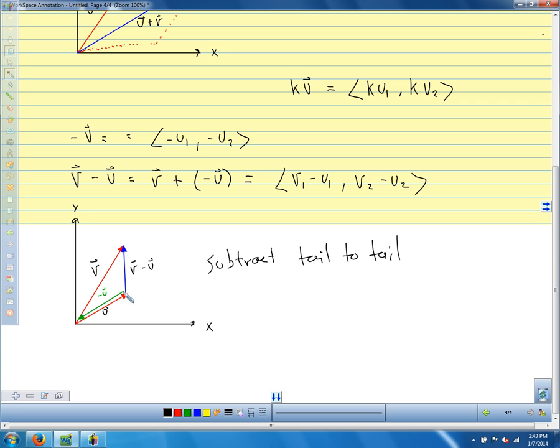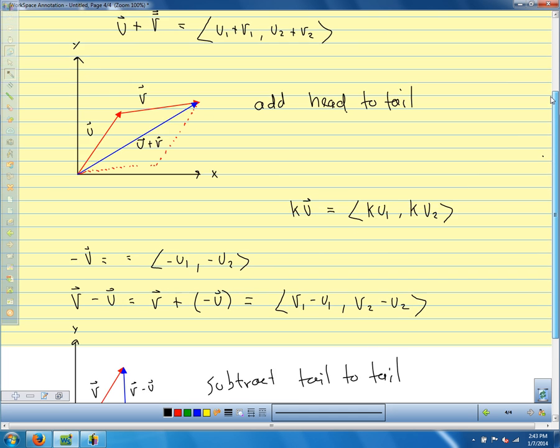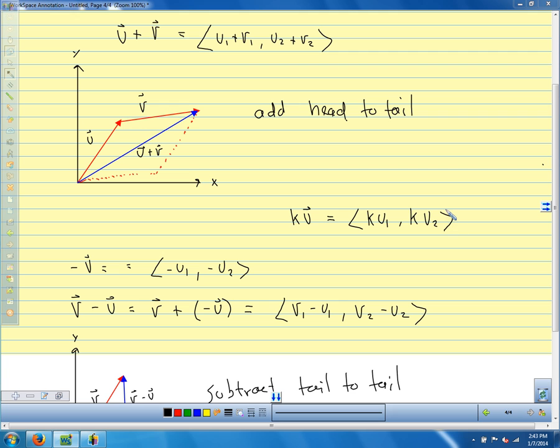So our vector goes from the starting point to the ending point. That's how I always think about them. But really, for the most part, all we're going to be worried about is their components. We subtract their components when we're subtracting, add their components when we add, and multiply each component by a number when we multiply by a scalar. That's really all we're doing.